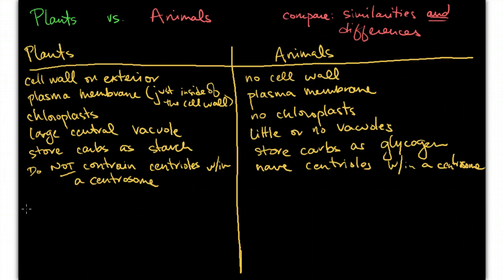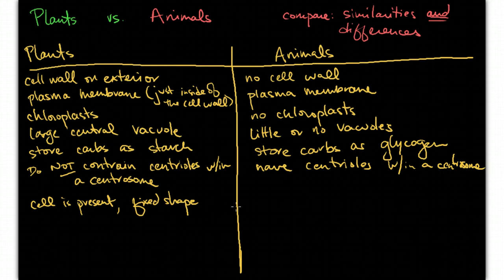Additionally, because in plants the cell wall is present, and because it's rigid, they have a fixed shape. Usually, the book describes it as angular, but it's a pretty fixed shape.